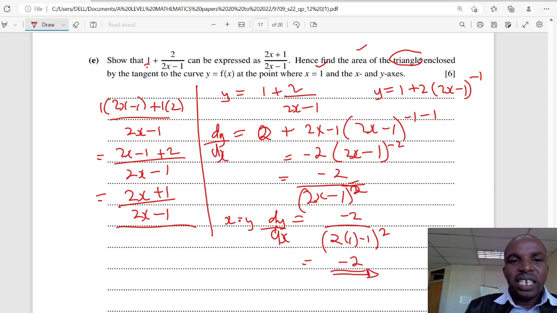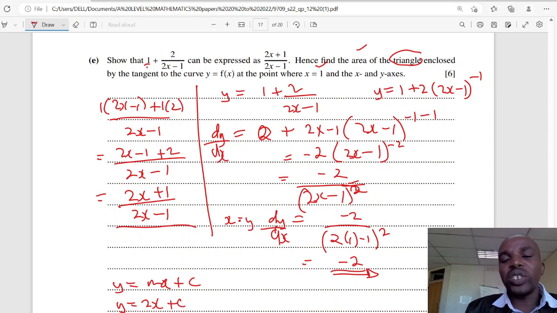So now, after you've found your gradient, you want to find the equation of the tangent. That's y equals mx plus c. The gradient is minus 2, so y equals minus 2x plus c. You have to find your c. When x equals 1, what is y?